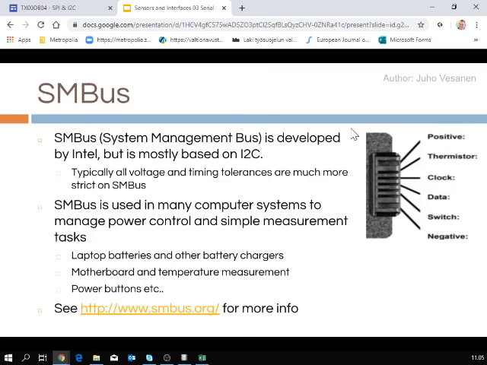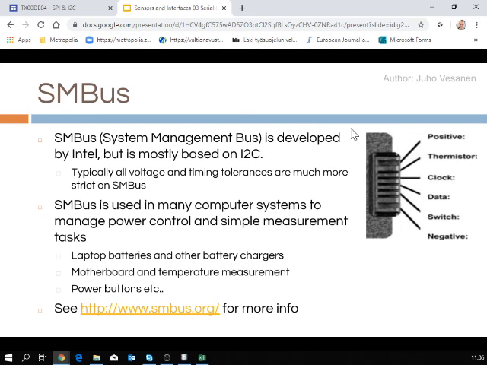Okay, then about the extension, SM bus, system management bus. It says that it's used in many computer systems to manage power. Yes, it is, because it's simple, rugged, and it actually works.